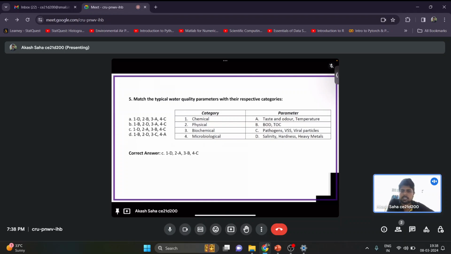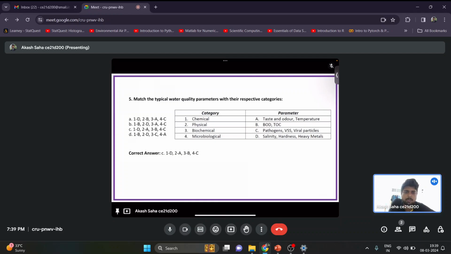I think the answer is C. For the chemical category, we have salinity, hardness, and alkalinity. These are chemical properties. For physical, we have taste, odor, and temperature. For biochemical, we have BOD and COD, so we use the biochemical oxygen demand.